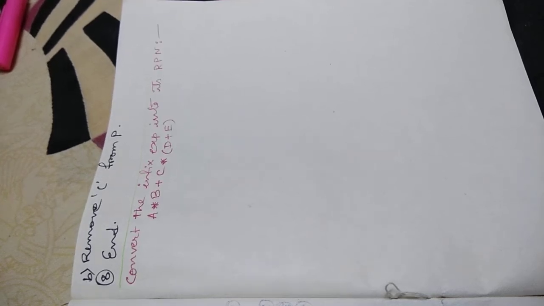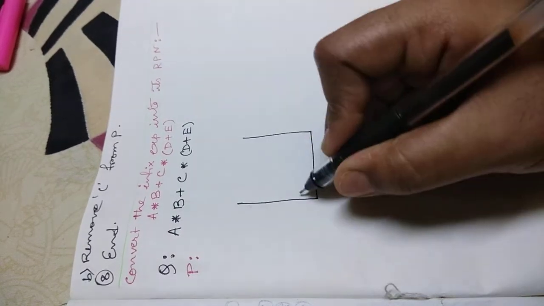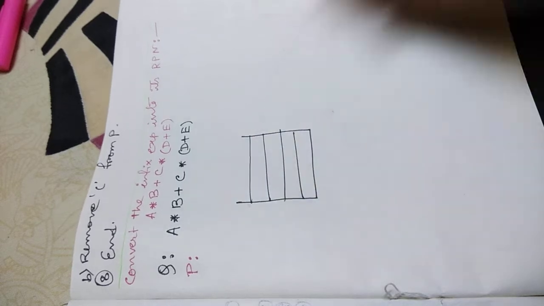This example has already come in your semester exam. Okay. So this is the given infix expression, right? I'll name it Q and say P is its corresponding RPN. Leave it with the stack. Okay.